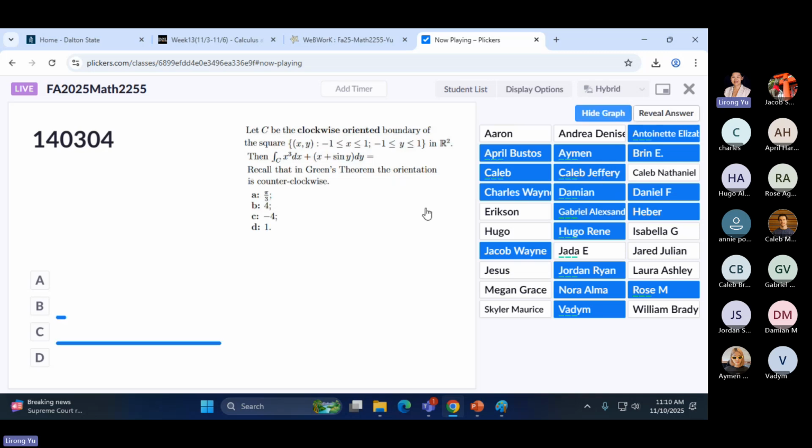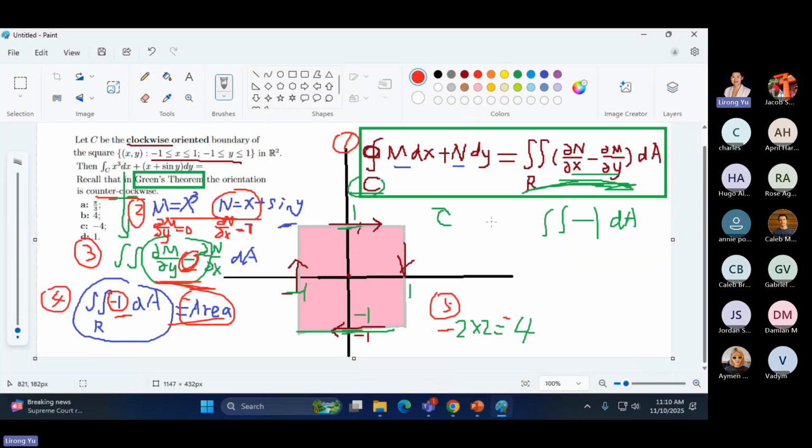We can also confirm this by doing it one by one as far as the line integral. For example, if you were to calculate one by one, we can start anywhere.